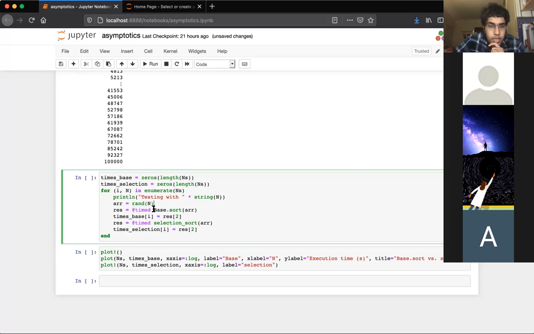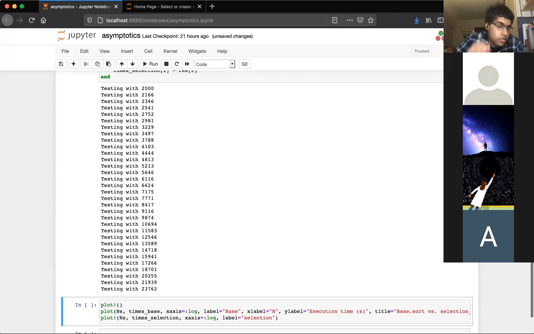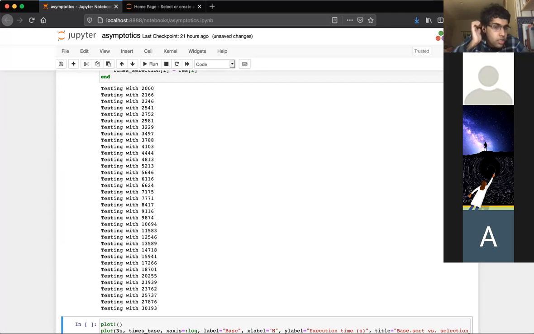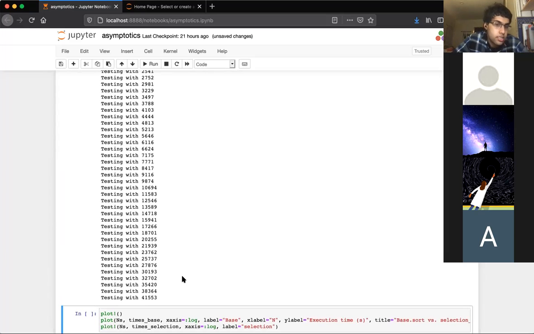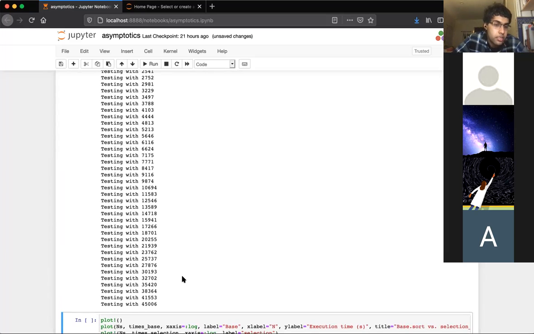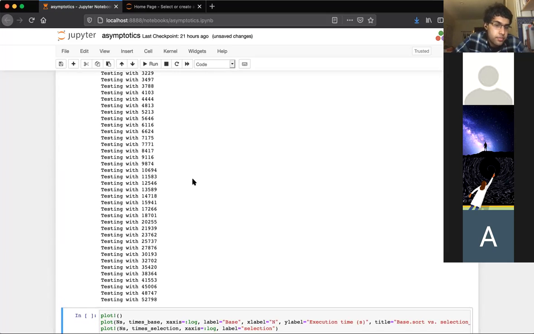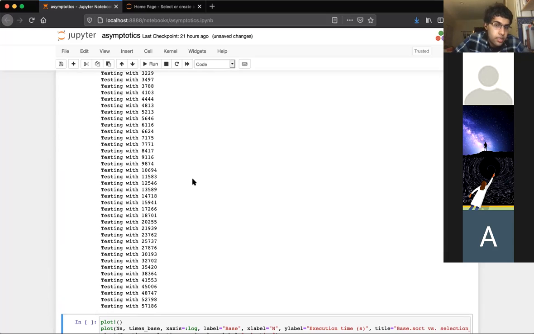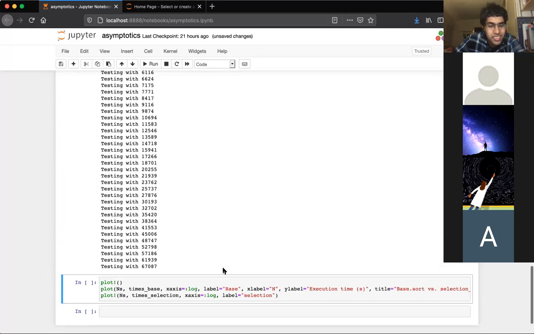It's going to sort it using the base sorting algorithm, and it's going to sort it using my selection sort. And it's going to take a few seconds for sure on the last ones. And you see it struggles more and more, and it's really just the selection sort that's struggling to keep up here. This would be a good time for any questions while we're waiting for this thing to catch up.